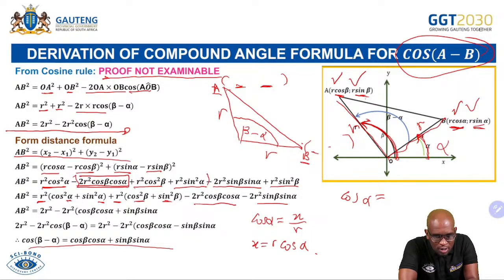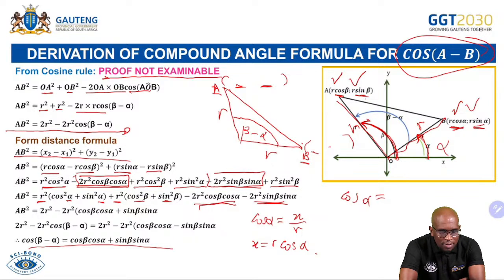Obviously, cos squared alpha plus sin squared alpha is 1, so we get r squared. Similarly, cos squared beta plus sin squared beta is also 1.